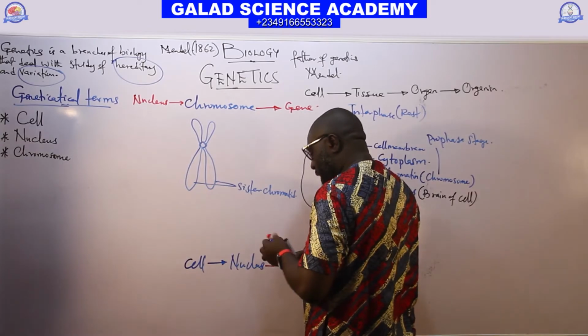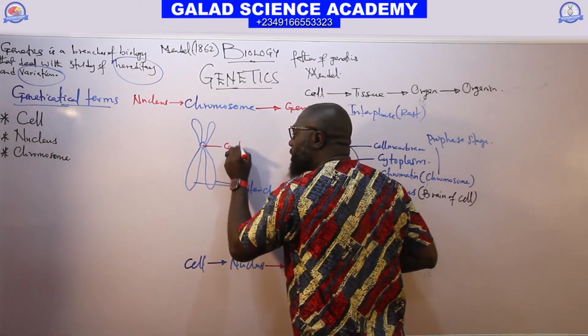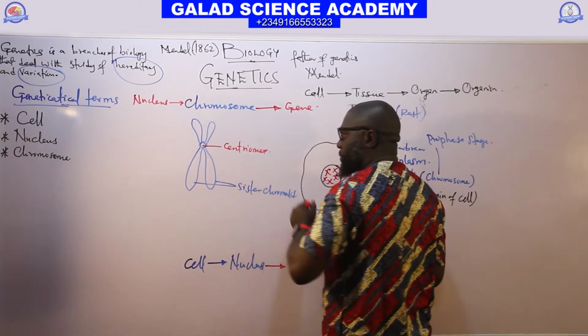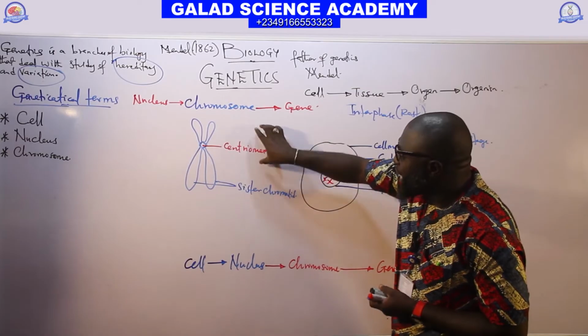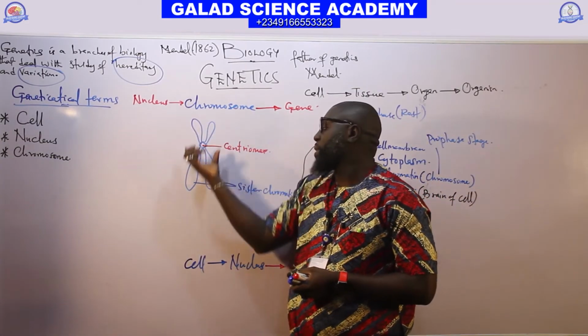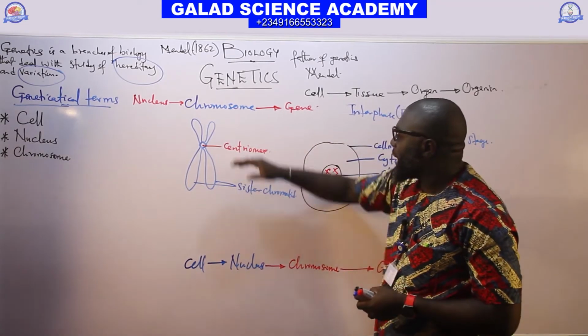And this middle here, we call centromere. This centromere is the one that joins the two sister chromatids together, both upper arm and lower arm together.